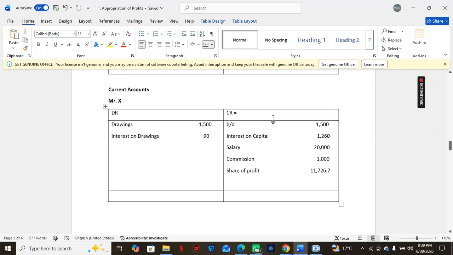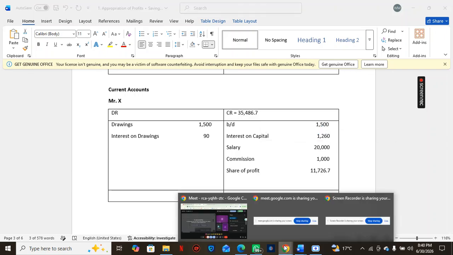We get the total on the credit side as 35,486.7. Now in the exam, don't put the totals the way I put them here, okay? It's just for illustration. Never put any number here like how I'm doing.